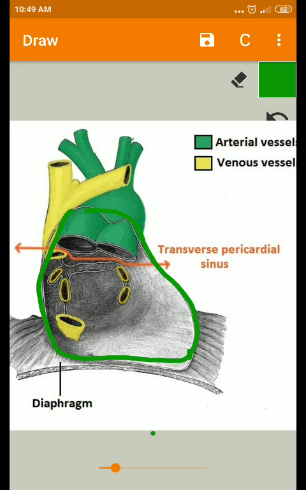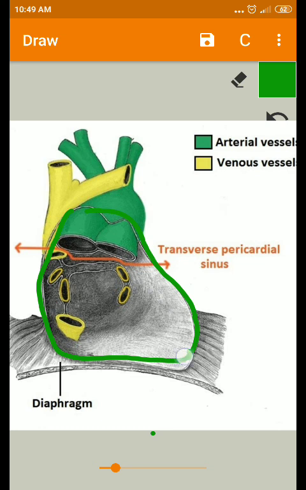Because the heart is always moving. So it reduces the friction between the heart and the structures surrounding it in the thoracic cavity. And this pericardium also protects from infections.